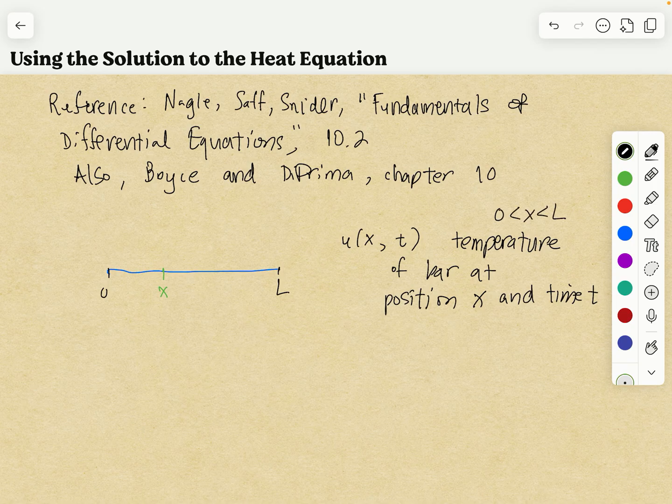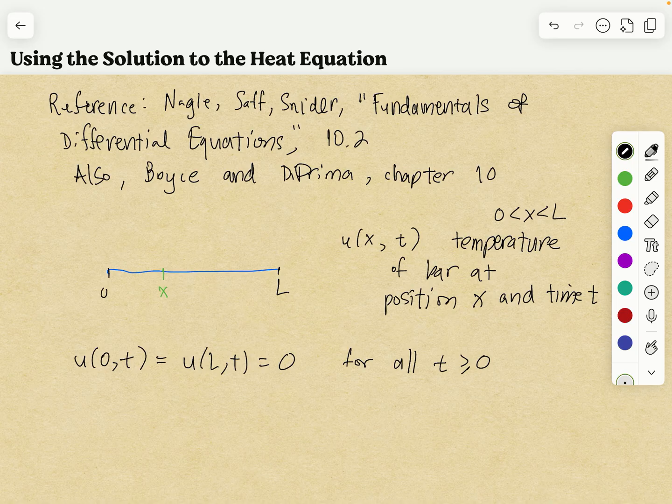And let's assume, for simplicity, that the temperature at the ends is 0. So that would mean that U of 0,t is equal to 0, and U of L,t is equal to 0 for all t greater than 0.